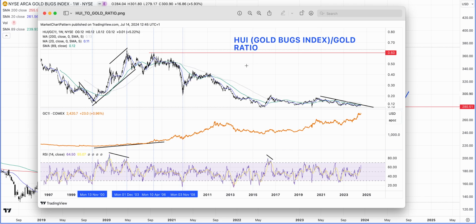So what I want to show you is that when we do a ratio like this of the gold bugs index, which is basically the gold miners, divided by the actual price of the gold, we see something really interesting. One of the things is that right here, what we had a look at in the other chart was roughly the year 2000. This is where we had a bottom come in this ratio right here.